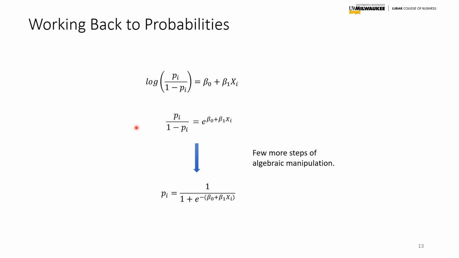Now we can unwrap this by exponentiating both sides, doing some algebra, and ultimately finding that we have, in the end, a relationship between the probability of success and the equation shown above. We don't know beta 0 and beta 1. We're going to estimate them and in the end get estimated or predicted probabilities of success based on that equation.